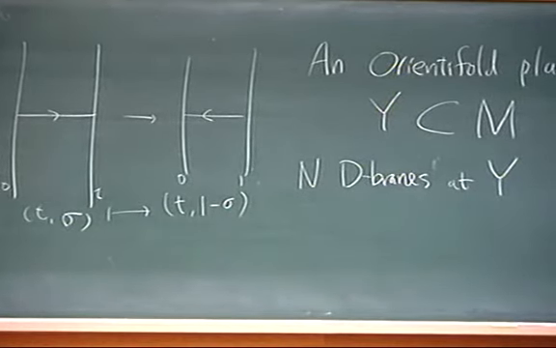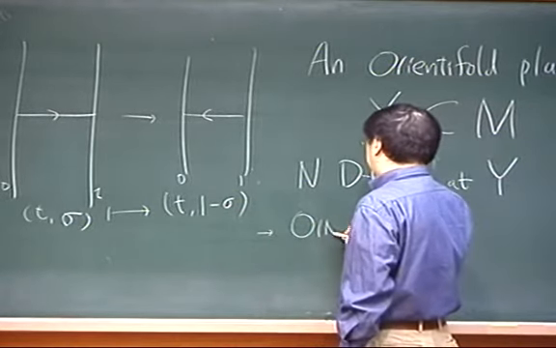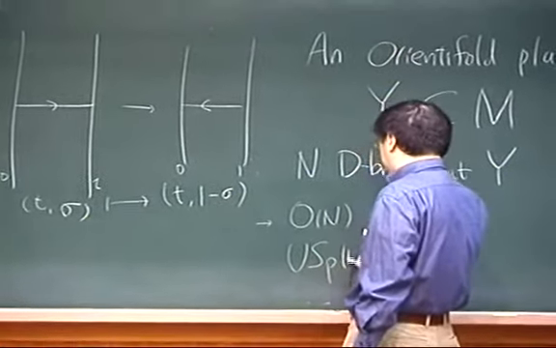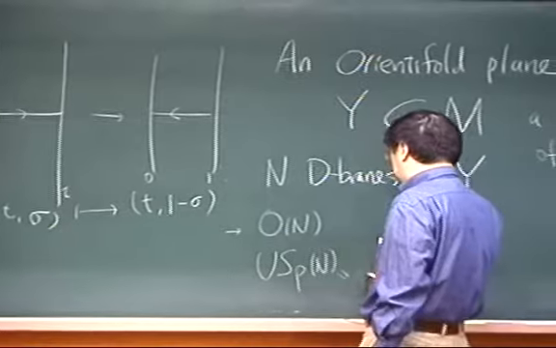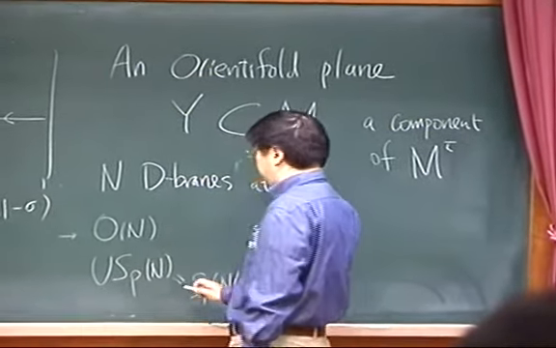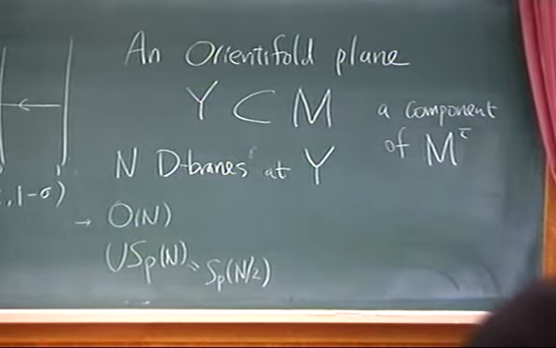And the gauge group is either O(N) or USp(N), maybe in the standard notation Sp(N/2), so N has to be even. So Sp(1) or USp(2) is equal to SU(2).